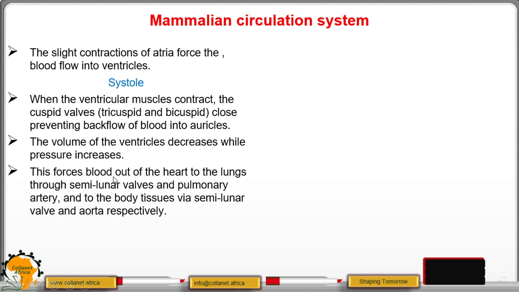This forces blood out of the heart to the lungs through the semilunar valve and pulmonary artery, and to the body tissues through the semilunar valve and aorta, respectively.